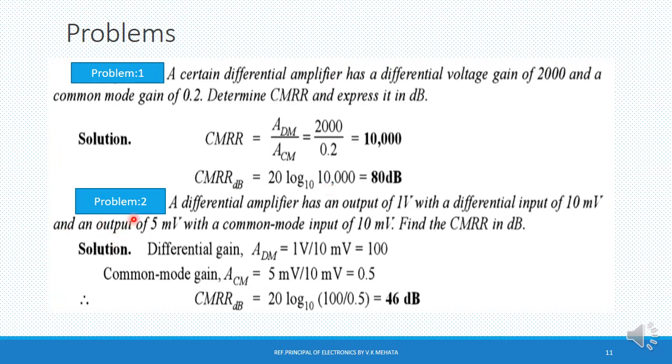Second problem. A differential amplifier has an output of 1 volt with a differential input of 10 millivolts, and an output of 5 millivolts with a common mode input of 10 millivolts. Find the CMRR in dB. As usual, write the given things. Here first we have to find the differential gain.